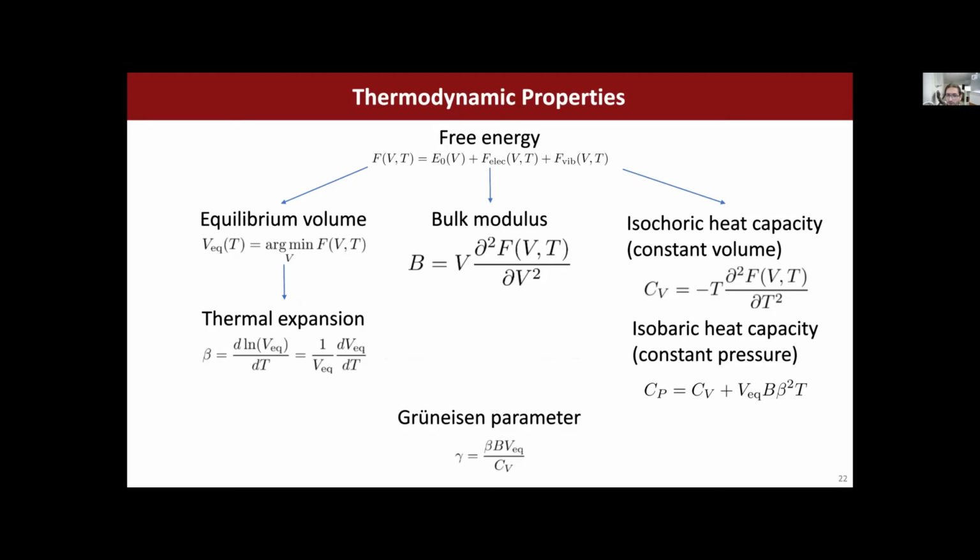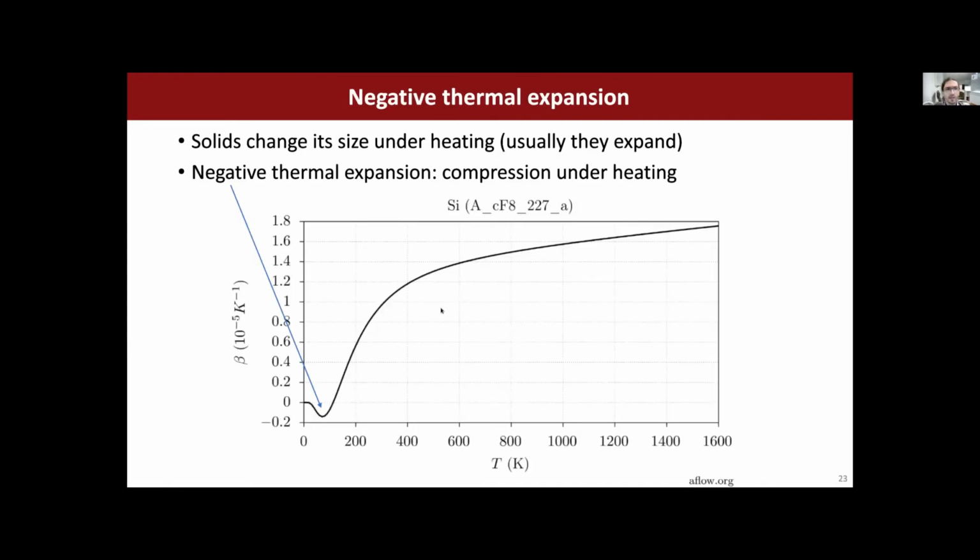Also, you have another way to extract the Grüneisen parameter from the information on thermal expansion, bulk modulus, heat capacity, and volume. As you can see, the Grüneisen parameter is proportional to thermal expansion. Another, a bit more special topic I want to mention: I told you that solids usually expand on heating, but some of them actually contract when you start to heat them.